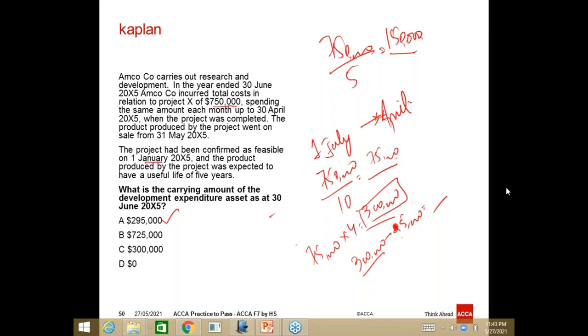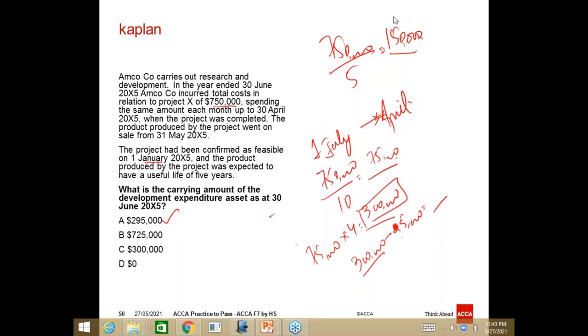Is it clear to all of you? How can it be considered as 10 months? It would be 10 years. How come 75,000?